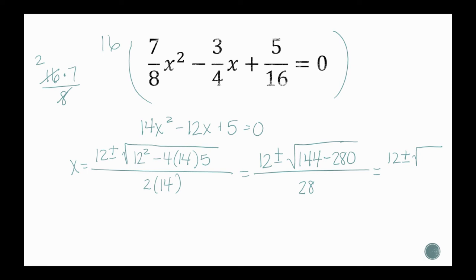And 144 minus 280 would be what, negative 134? No, 136. Yes, no, maybe? Guys, please make sure I'm not just making up random numbers here. Don't just write it down and assume that I'm doing it in my head correctly, okay? Please always check me.